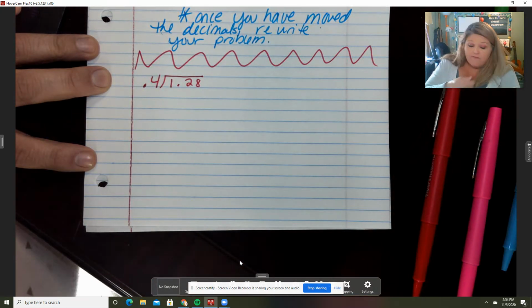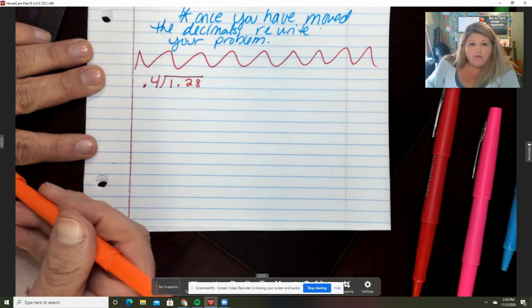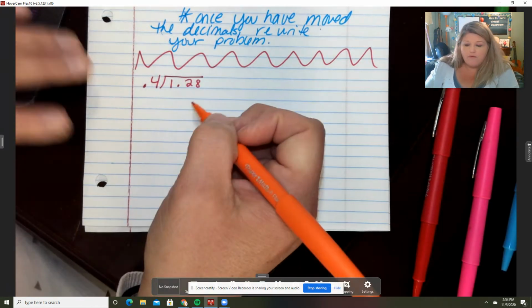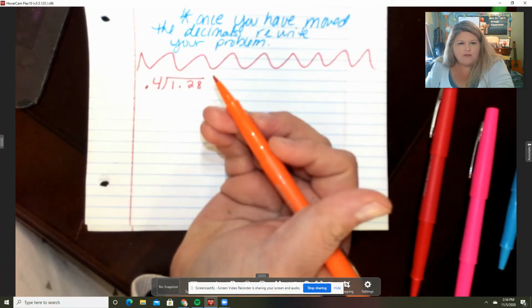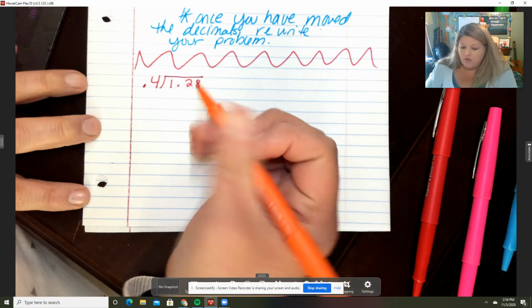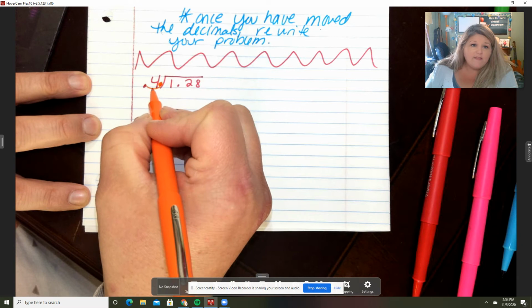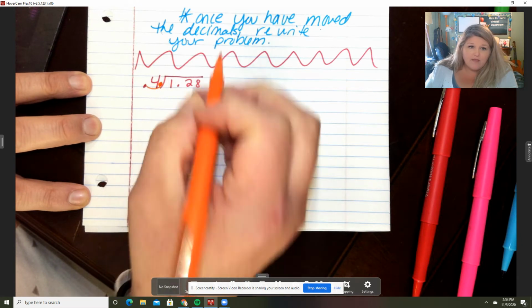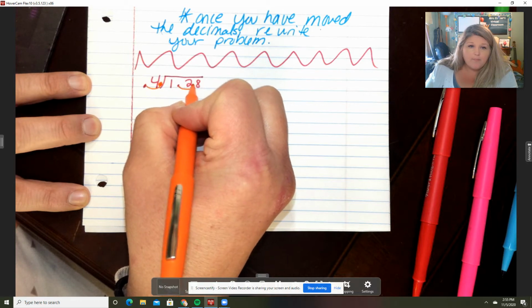Okay, well, I don't want to divide this with that 4/10. So I want to move the decimal. So I'm going to move it on this side. What I did to this side, I have to do to that side. So I'm just going to pick up this decimal and I'm going to move it one time.